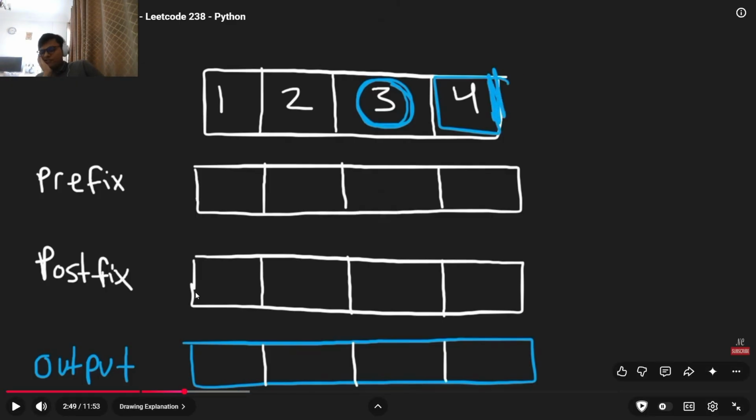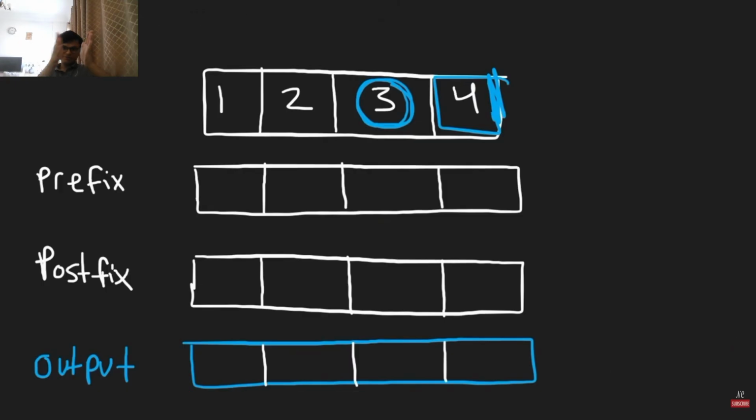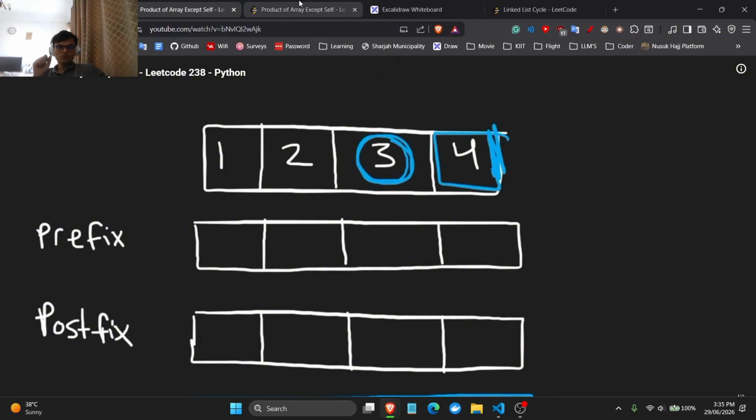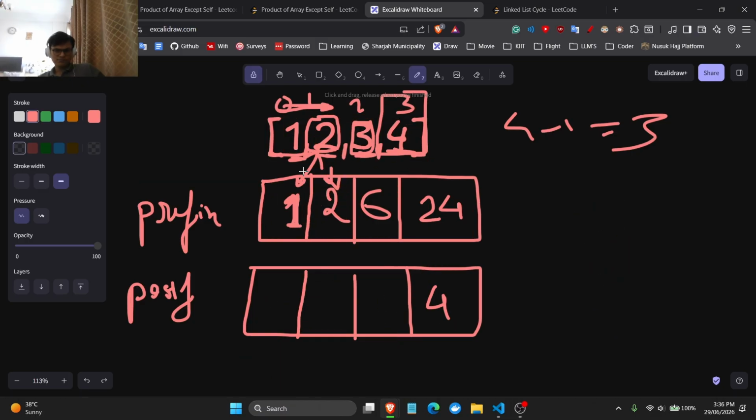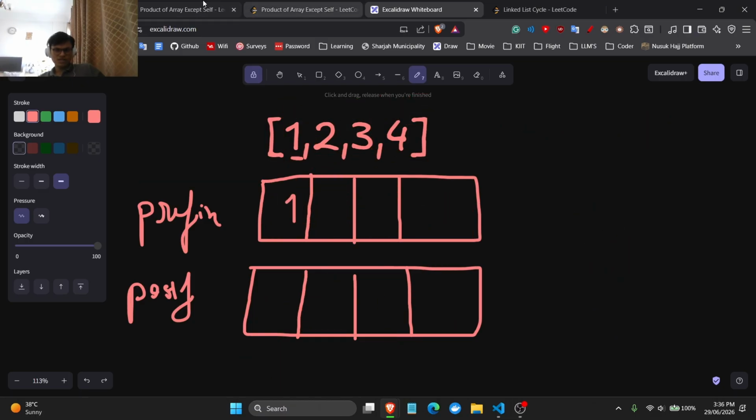So the prefix array will essentially store the result of the multiplication of all the numbers that are behind it. So when we did over here, we went one से पहले. What is the prefix of one? Well, technically, prefix of one is nothing, so to speak. Think about it, but we'll just keep it one. What is the prefix of two? मतलब before everything to the left of two, what is the multiple of that? It is two itself. No, my bad. What am I saying? Did I use a different logic?